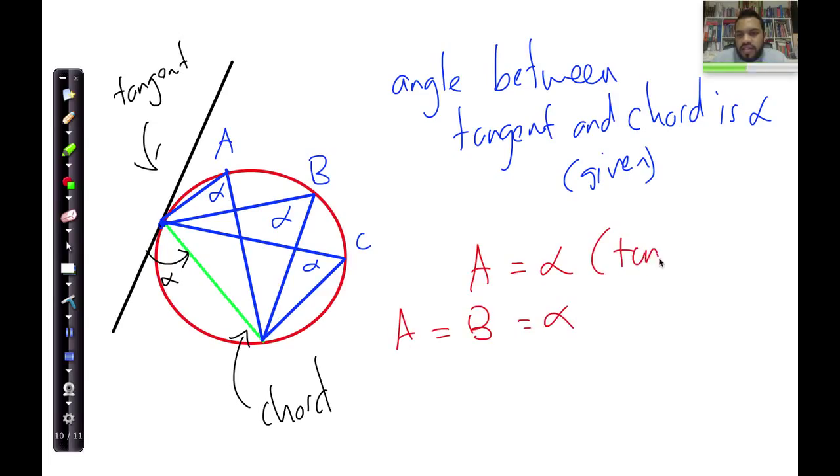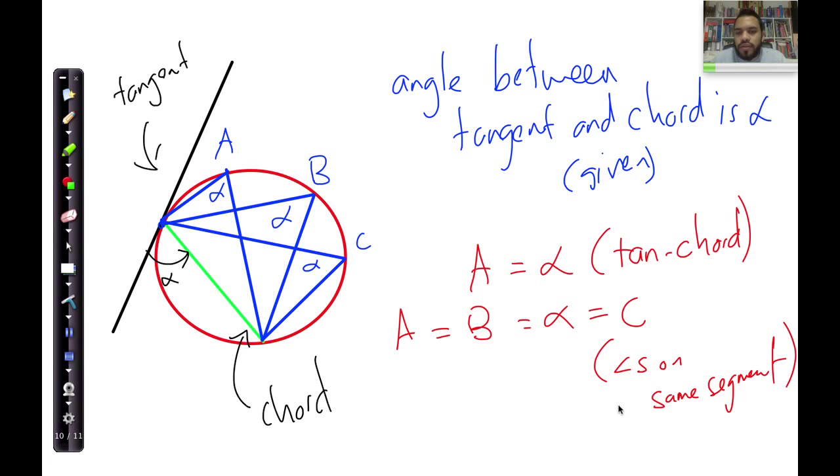This one here, I'm going to say Tan Chord Theorem, right? Or here, angle A equals angle B equals alpha, which equals angle C. I can say angles on the same segment. And there we go. Alternatively, I could have said that B equals alpha because of tan chord. Or I could have said that C equals alpha because of tan chord, because there's the angle, and I take my finger here and a finger there, and I draw a line using my fingers, and I go to the point C, and that's what I find.